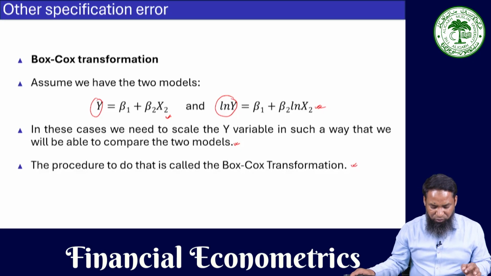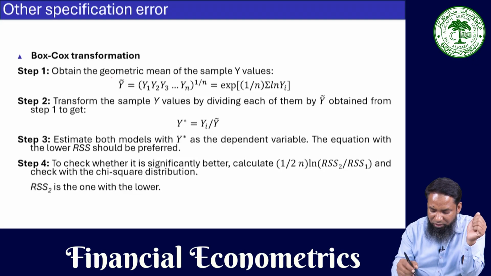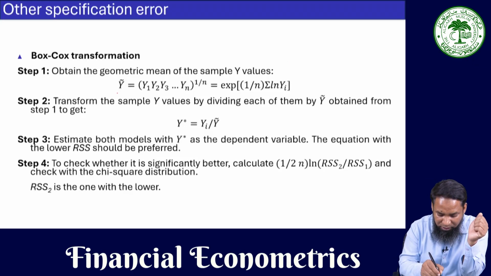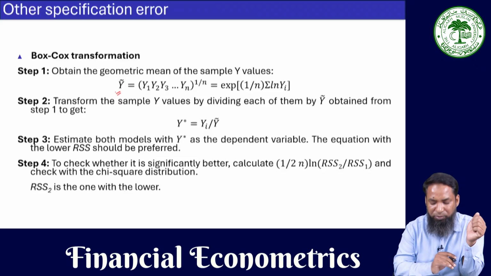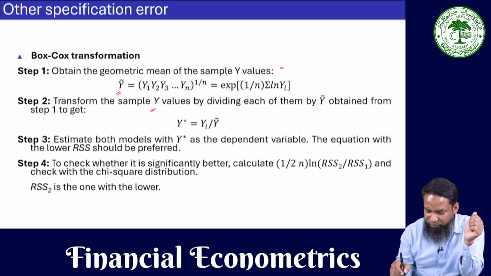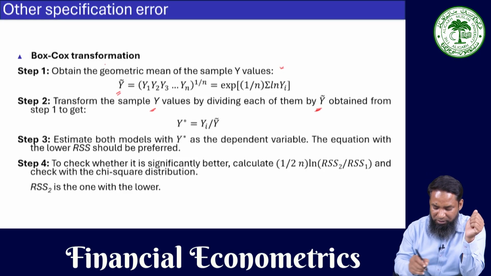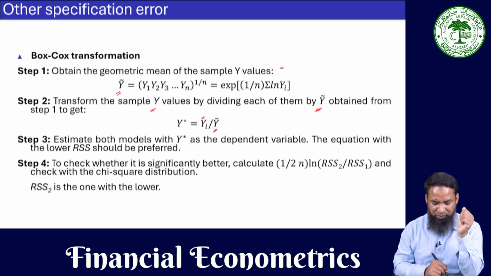In the first step, obtain the geometric mean of the sample values. Transform the sample y values by dividing each of them by the obtained geometric mean. So here y star is the original yi divided by the geometric mean of the sample observations.